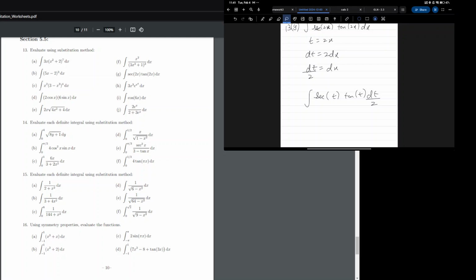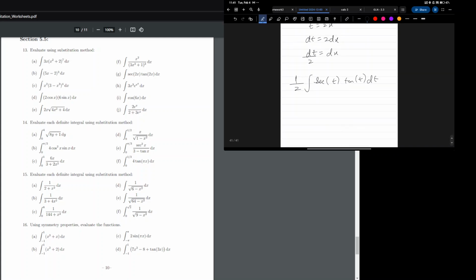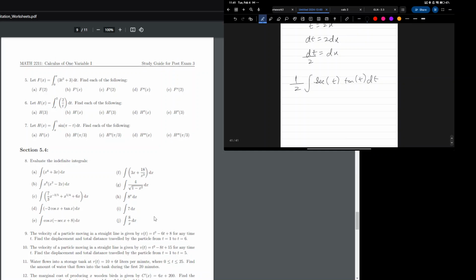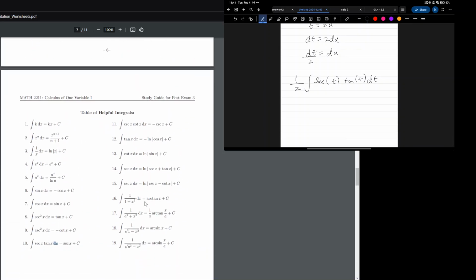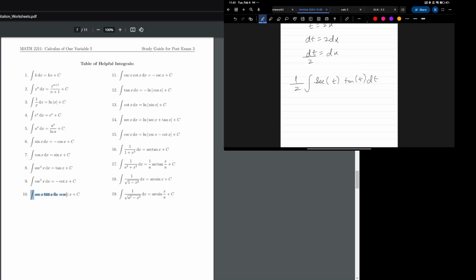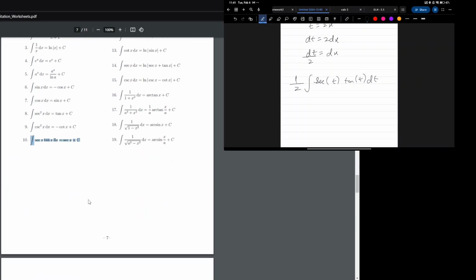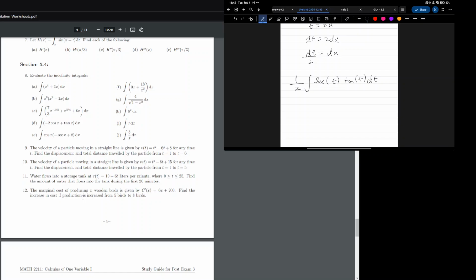Now my first recommendation after substituting everything was to move the constants outside. Now from the formula, or basically our helpful integrals, we know that the integral of secant x tan x is secant x.